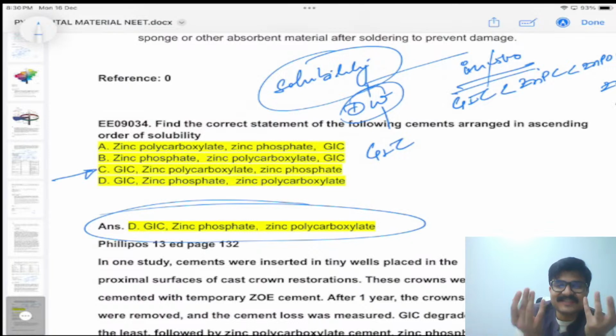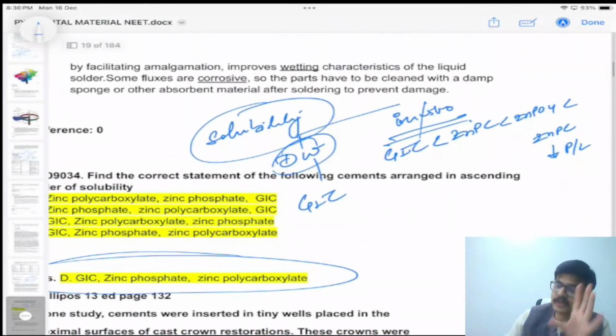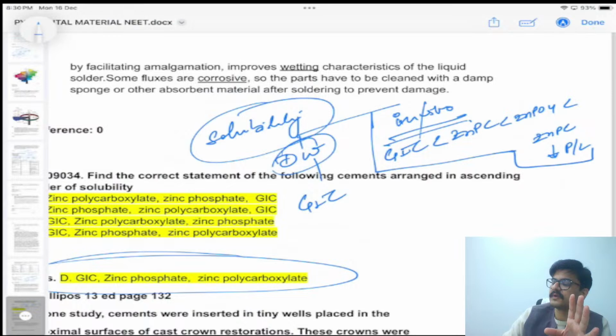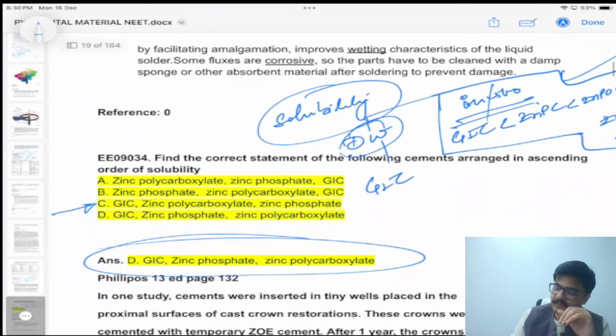I'm talking of these conventional cements when given in the option, like GIC, zinc phosphate, zinc polycarboxylate. You understand? So then GIC has got lowest solubility, then zinc polycarboxylate, then zinc phosphate, then zinc polycarboxylate in a lower powder liquid ratio. And I'm quoting Phillips here. I'm not making this up. So go with C as the answer, guys. So I'm getting this corrected in our database also. C is the answer, right?